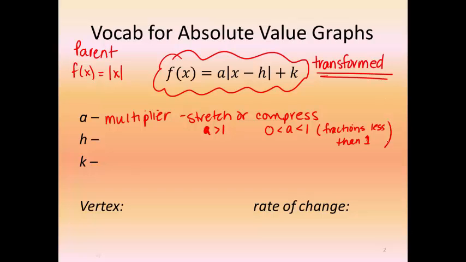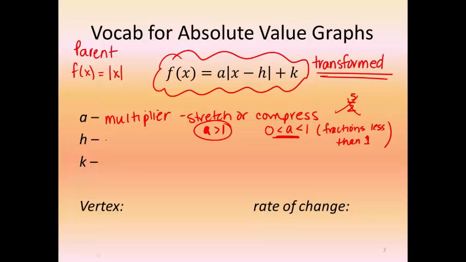Okay, so I'm talking 1/2, 1/3, 2/3, 3/4. If I just use the word fraction, we might get confused because, by the way, 5/2 is a fraction, but it's not between 0 and 1. So that would actually qualify as a stretch. Well, then you say, well, what about when we have A's that are like -7? Well, we're going to talk about that negative, and it's going to mean something else.